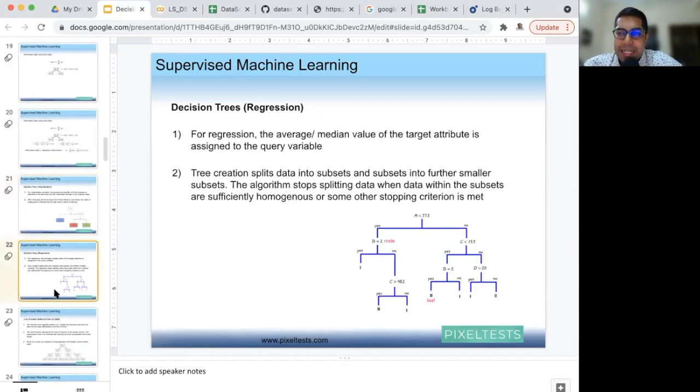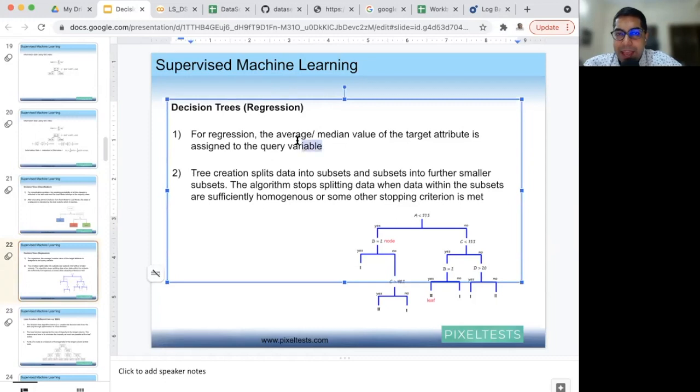Now for regression, the slight caveat is, does decision tree work on regression as well? Yes, it does. Actually, it does work well on regressions, right? The small trick that we use to work on regression problems is the average or the median value of the target attribute is assigned to the query type, right?